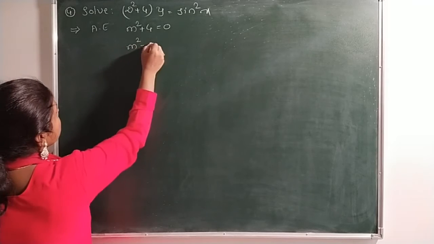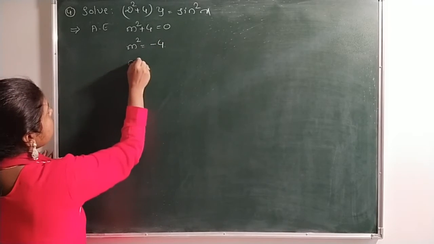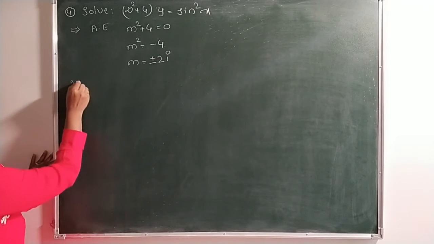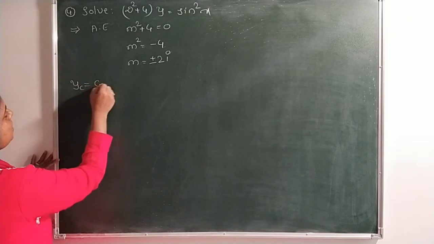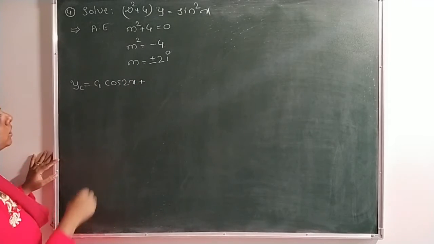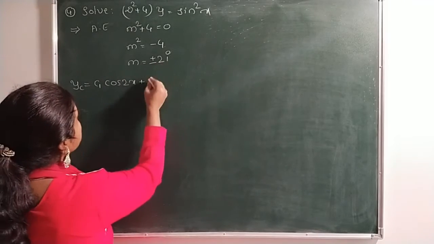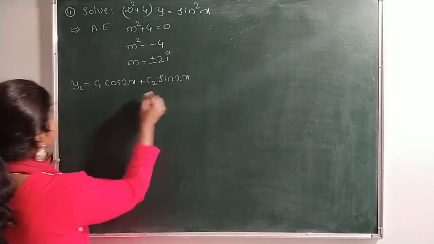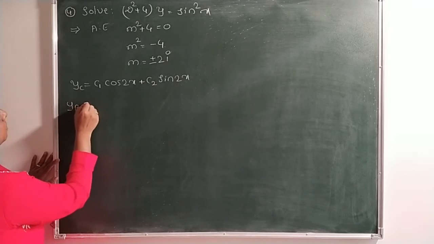M square is equal to minus 4. M is equal to plus or minus 2i. Now we have to write the yc is c1 cos 2x, because the p term is 0 here, only we are getting a q term, plus c2 sin 2x.